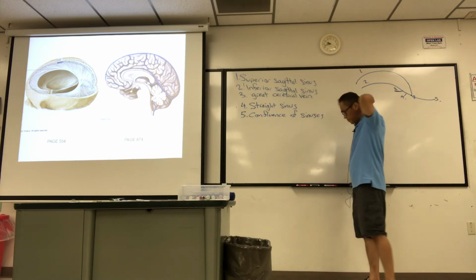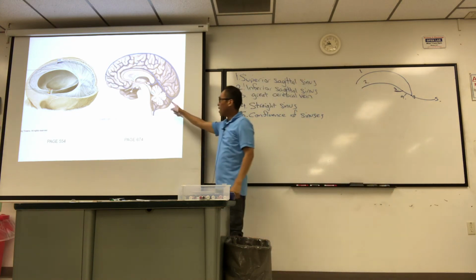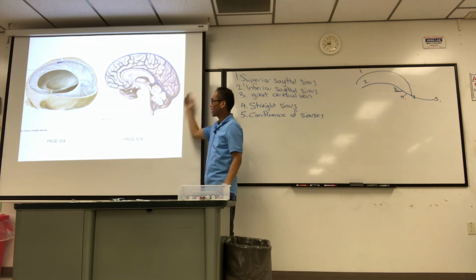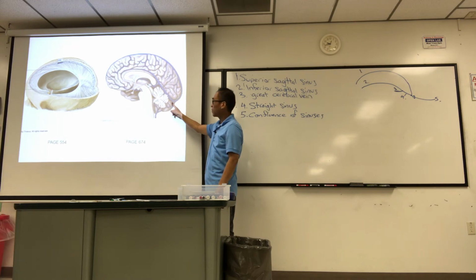It's going to be right in the back of your skull, posterior. Do you see how there's a blood vessel coming off, going to the side there, but they cut it because we're in the sagittal plane? That's the transverse sinus coming off.